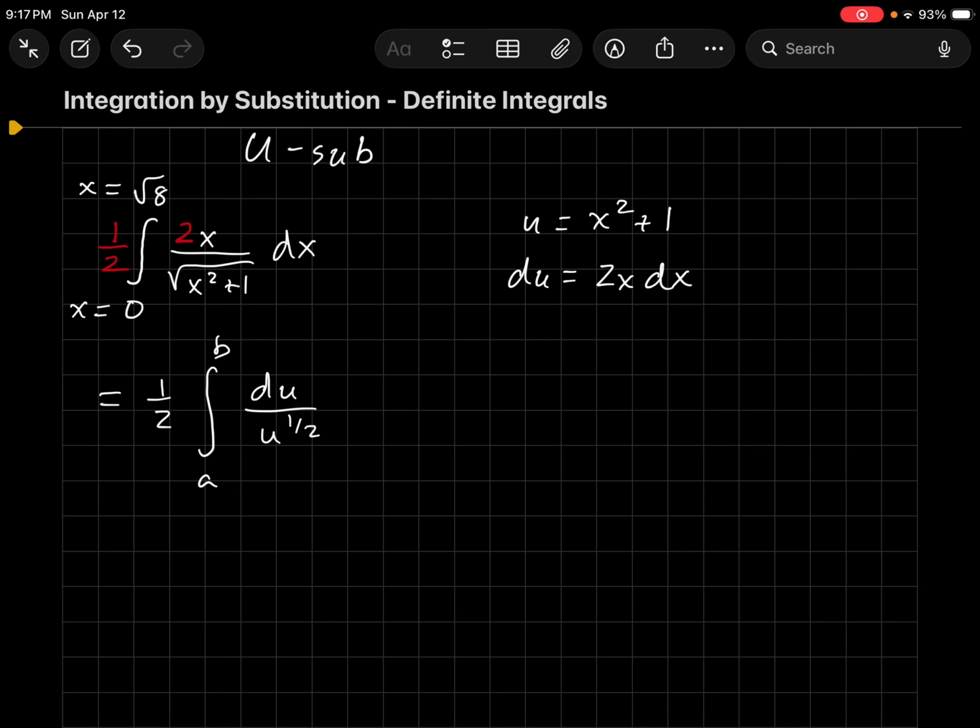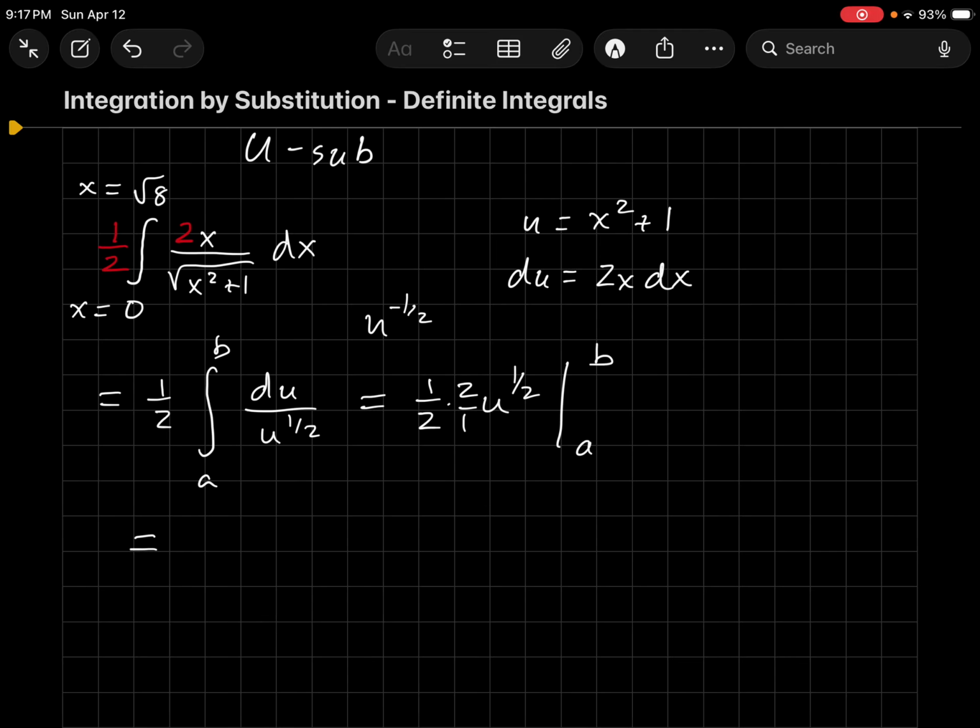And then we can integrate. We get 1/2. So we're integrating u to the negative 1/2, which says we'll add 1 to the power, and divide by the new power or flip and multiply, from a to b.